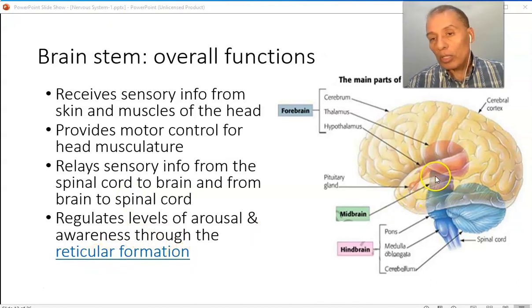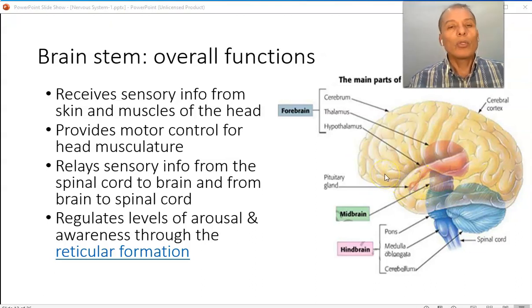That structure looks like a worm, and it spans the entire length of the brainstem, and it connects with the inferior prefrontal cortex here, and together they give you arousal and awareness that you call consciousness.